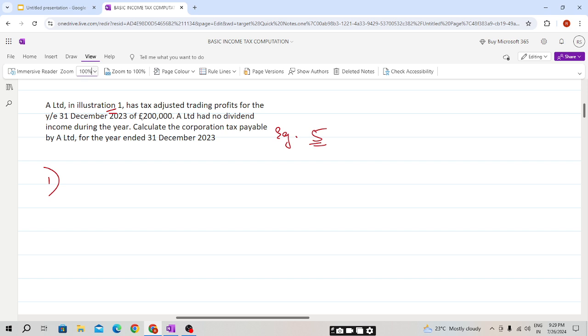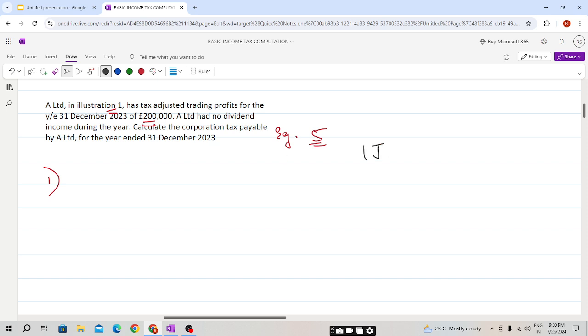A Limited has tax adjusted trading profits for the year ended 31st December 2023 of 200,000 pounds. A Limited has no dividend income during the year. Calculate the corporation tax payable by A Limited for the year ended 31st December 2023.